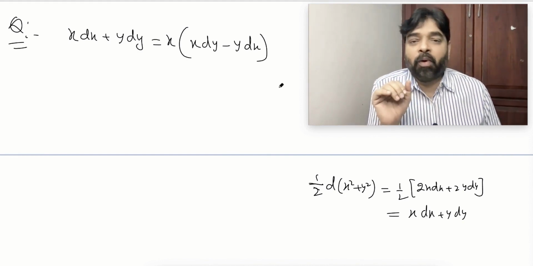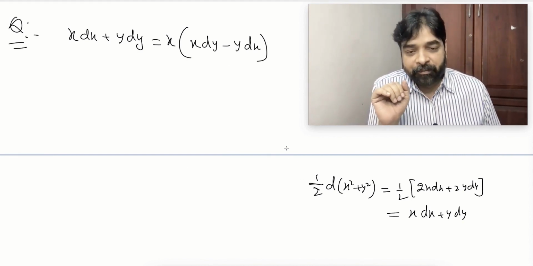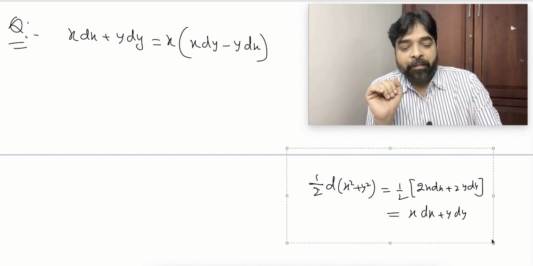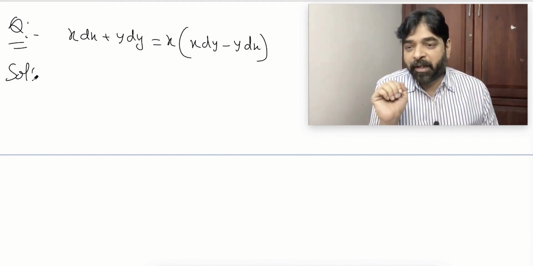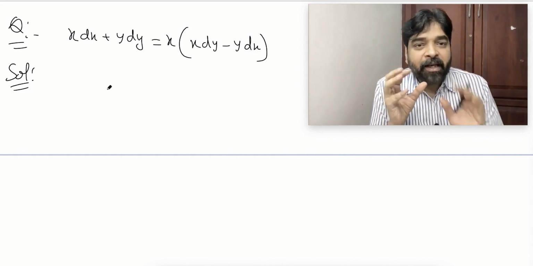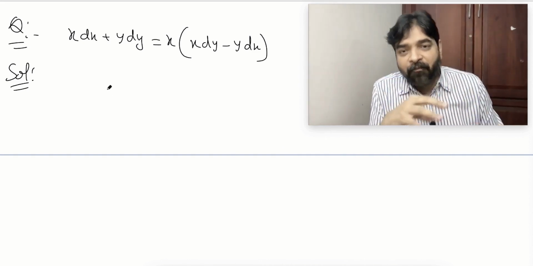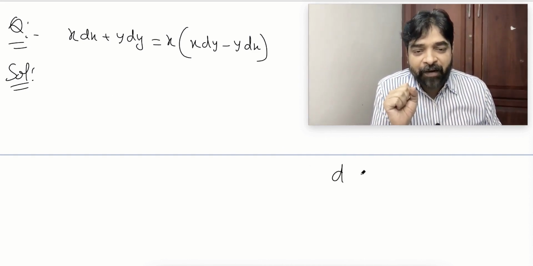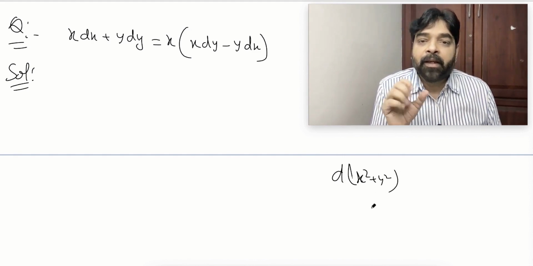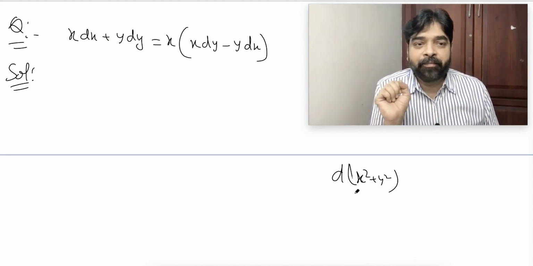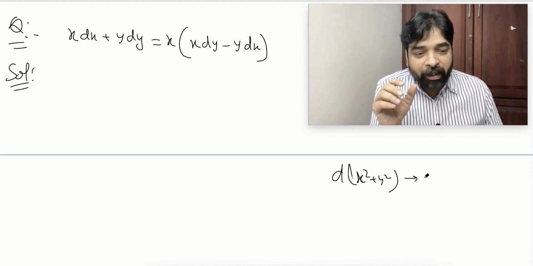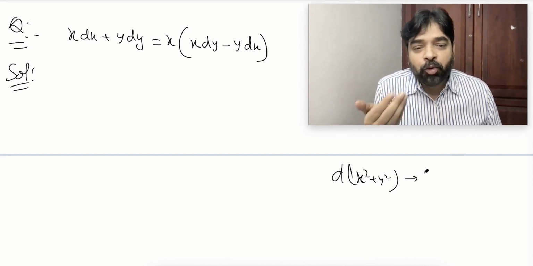But I don't want to go into the exact method, that we'll discuss later. What I am trying to tell you is some polar substitution. What exactly does it mean? Whenever in any question you find that somewhere d of x square plus y square is coming, you can try one option: do polar substitution.